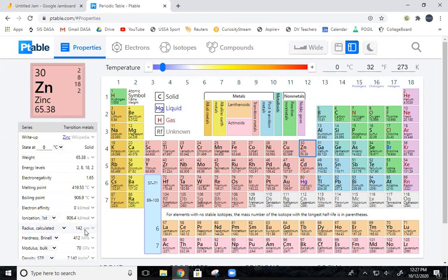What about silver and copper? So here's copper, here's silver. These are going to have quite different atomic radii because copper is 145, silver is 165. So it's not terrible, but it's not really that close, right?